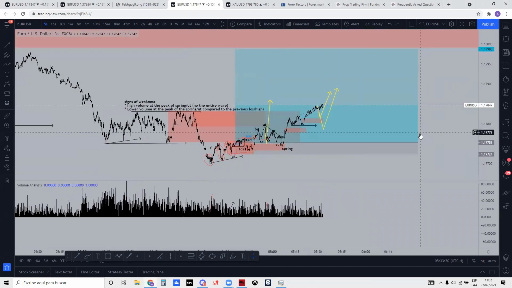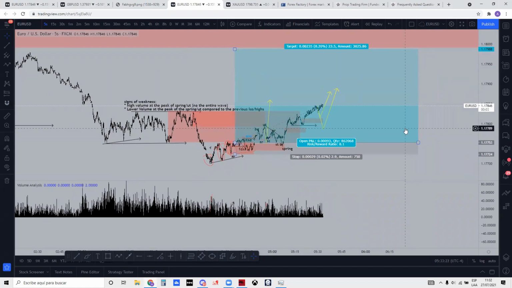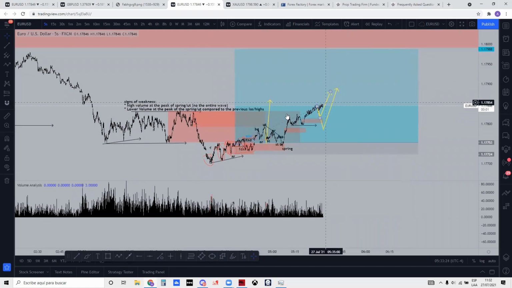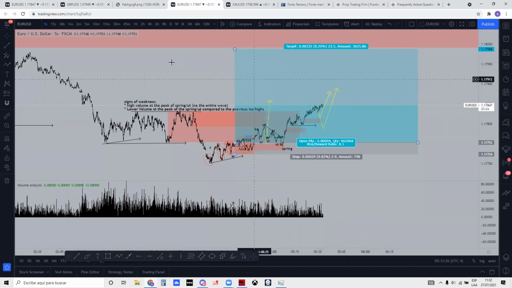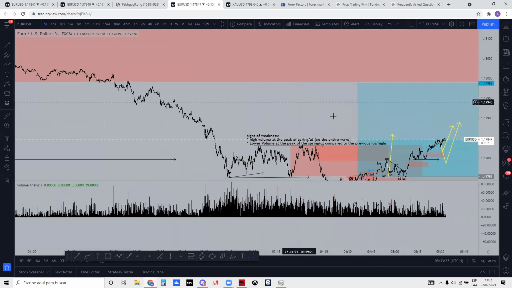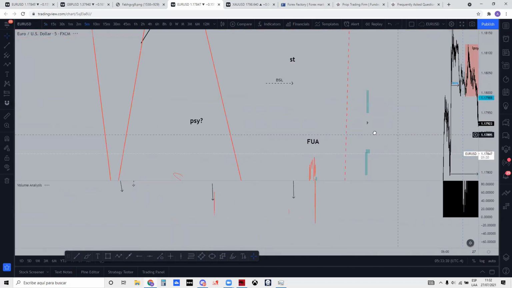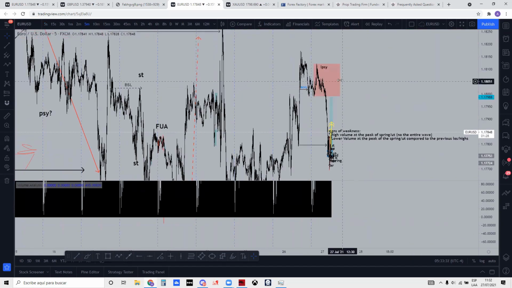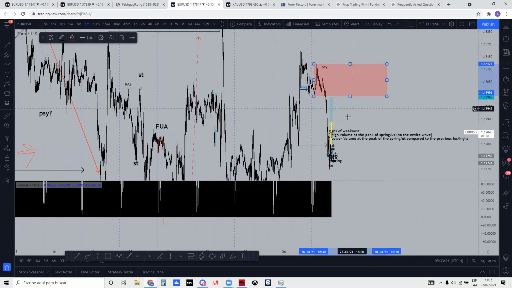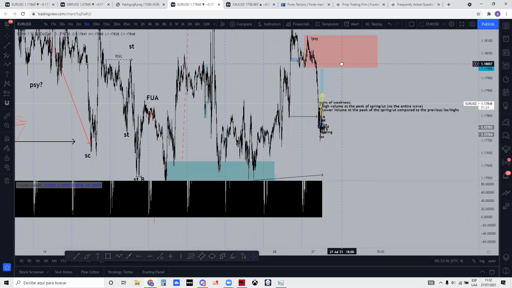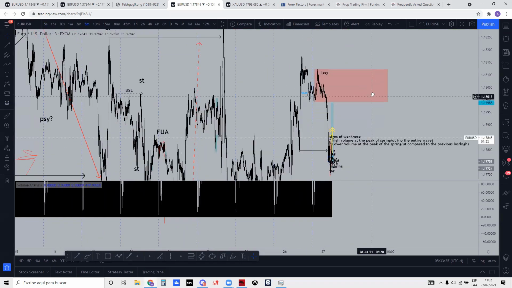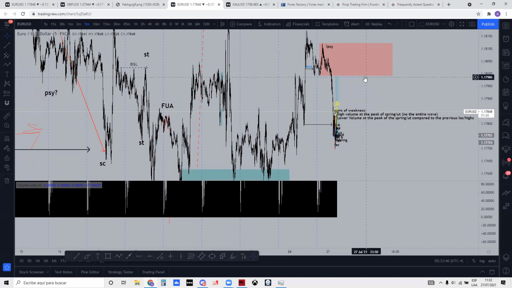Well, Rod, you joined the party late, but we took this trade on USD along, and we are looking to potentially short from this level here. So this is going to be the next setup to be formed on USD.